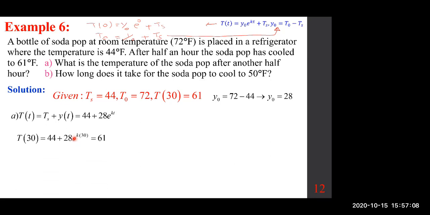So T of 30 is 44 plus 28 e to the power of k times 30. First and foremost, you are going to subtract 44 from 61, and then you're going to divide by 28, and you're going to take the natural log.